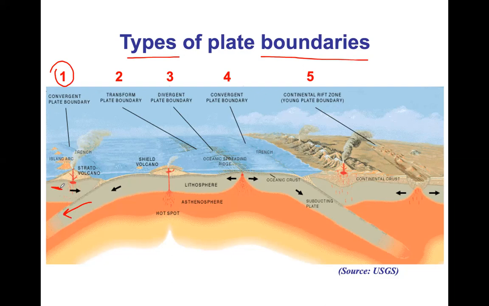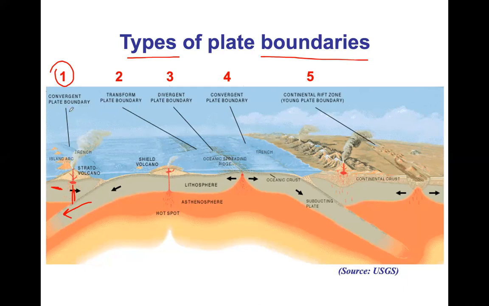So therefore, whatever the heavier one or whatever the weaker one, which is easily deformed, will be subducting, right? So there is possibility for one oceanic plate to subduct beneath another oceanic plate as well. So there you also have the frictional heat generation, and that heat will cause a volcano to form.